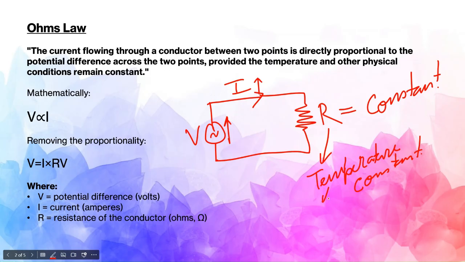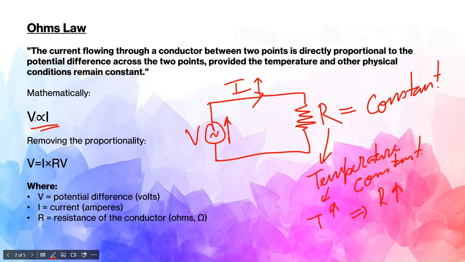Now, what is the relation between temperature and resistance? If the temperature increases, the resistance will also increase. If this happens, then this equation will not remain valid. That is what it is trying to say. Now, I also want to tell you this.